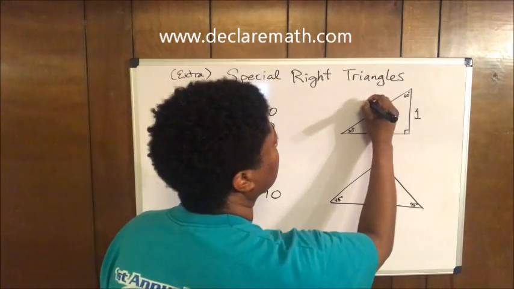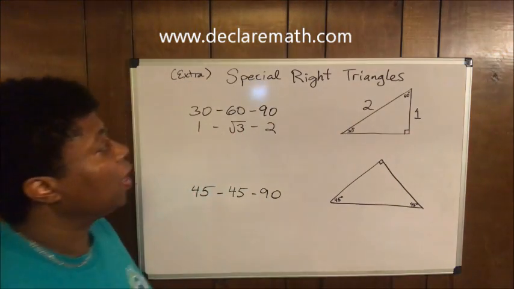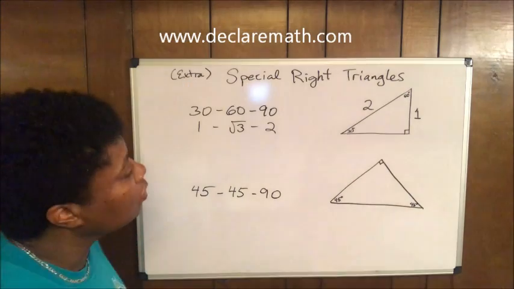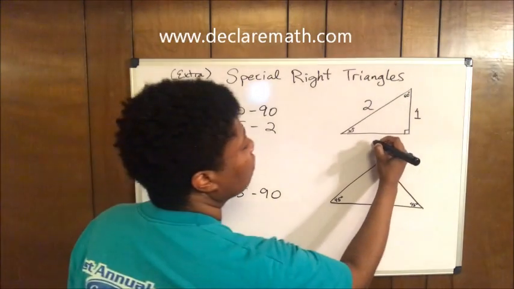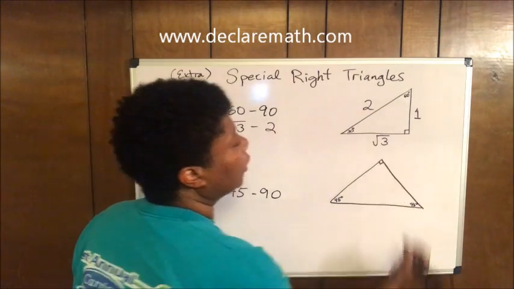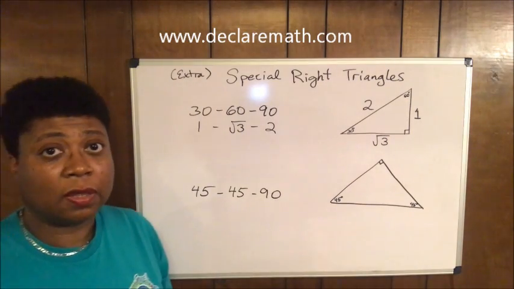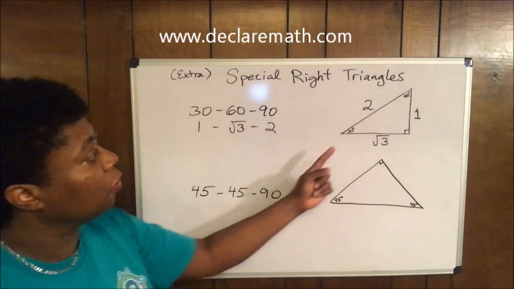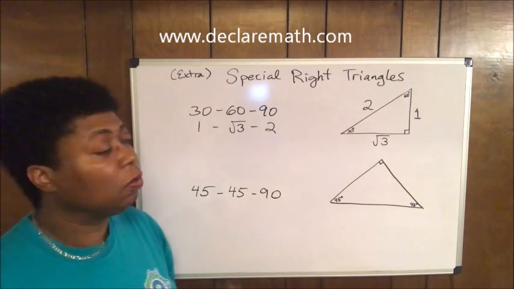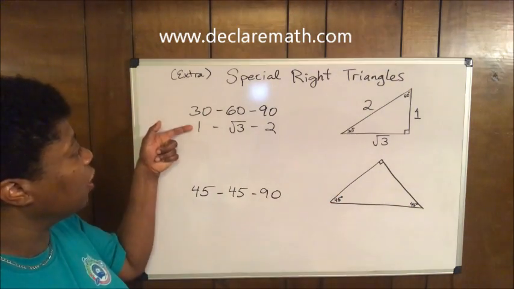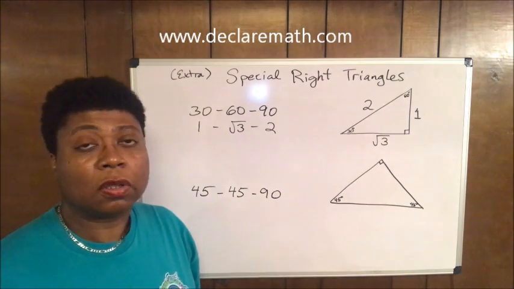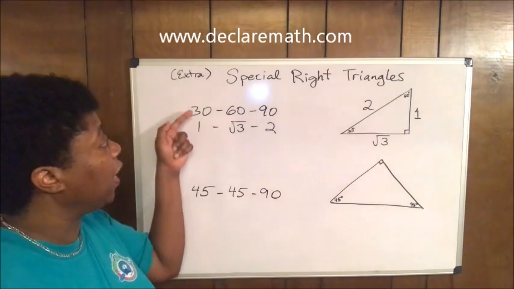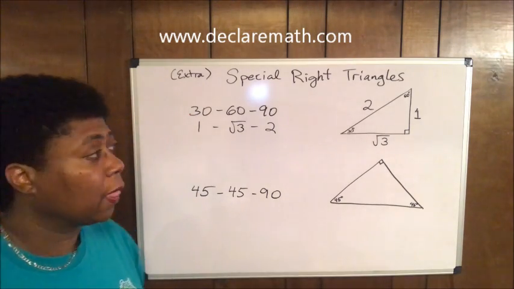It's 2. And then the only thing left is the side opposite of the 60 degree angle, which is the square root of 3. So that's what that means. So for all your angles in your special right triangle, these ratios right here represent the sides opposite of each of these angles here, okay?